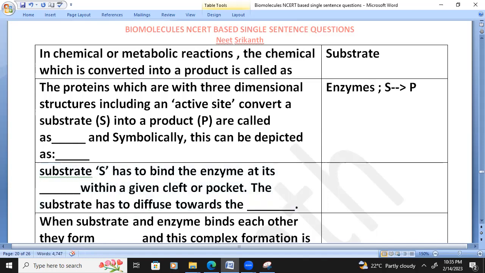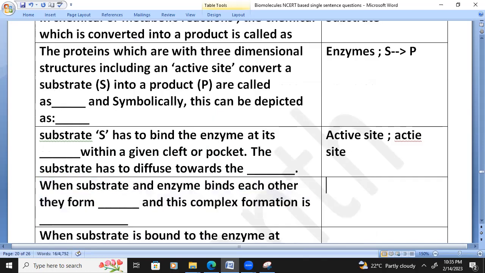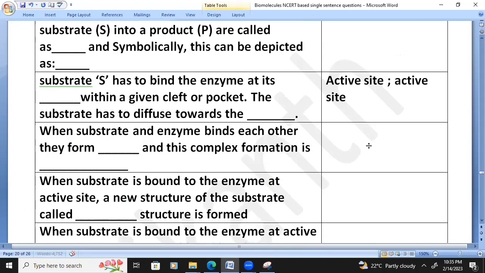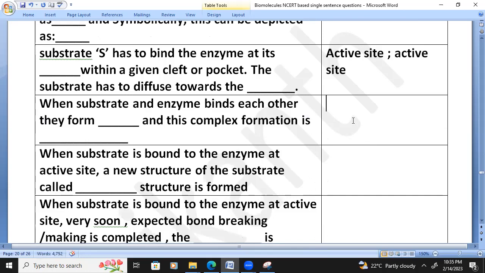Substrate S has to bind the enzyme at its active site within a given cleft or pocket. The substrate has to diffuse towards the active site. When substrate and enzyme bind each other, they form the enzyme substrate complex.